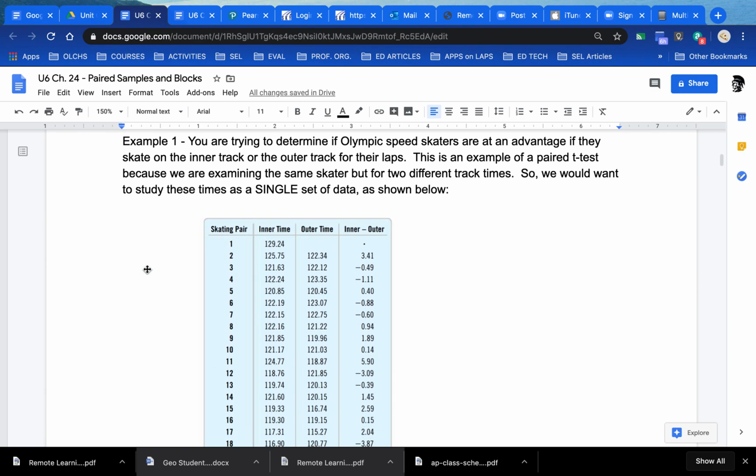It says you're trying to determine if Olympic speed skaters are at an advantage if they skate on the inner or outer track. So I don't know a ton about speed skating, but there is an inner track or an outer track if you were trying to like get around someone when you're passing them. And so these two times here are if they strictly did the inner lane and strictly did the outer lane, was there a difference in their times?